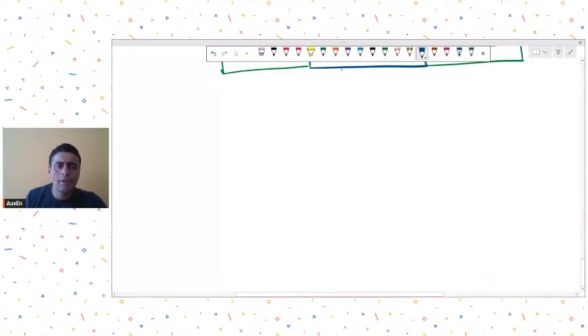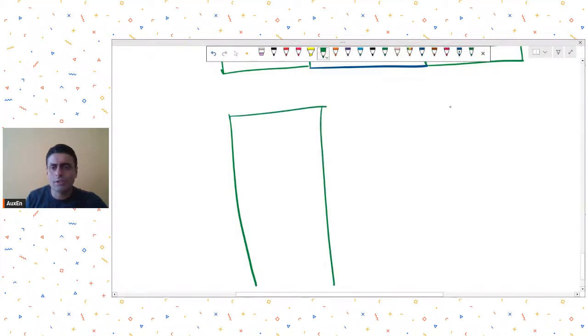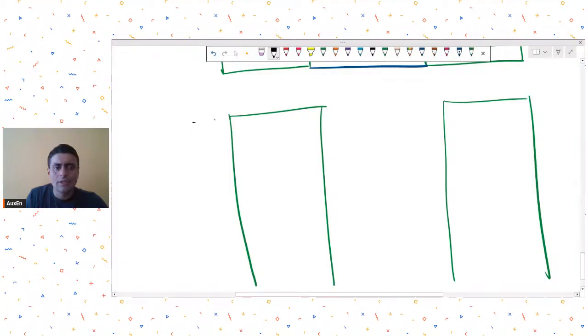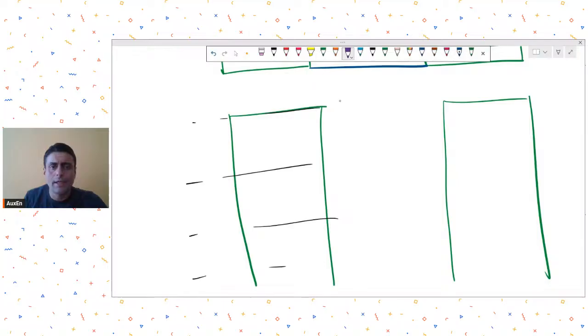In elevation, maybe it looked something like this, that this was my shear wall across several stories. Okay, these were my story levels, let's say different story levels, and then I have some link elements connecting like this.